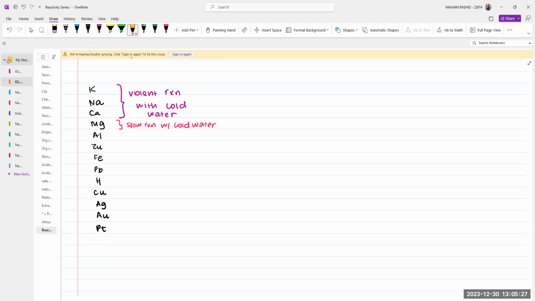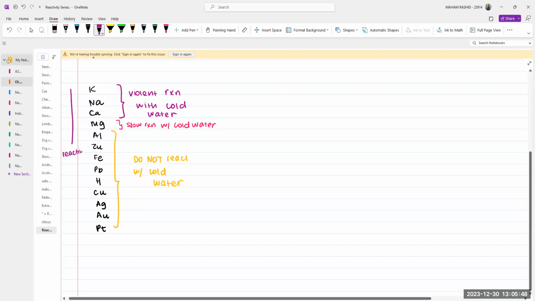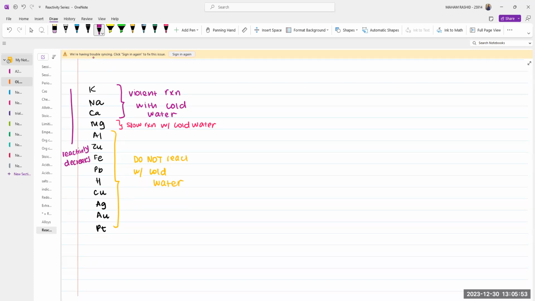And metals from aluminium and below do not react with cold water. So what happens is that going down, reactivity decreases. Okay? So this was about cold water.